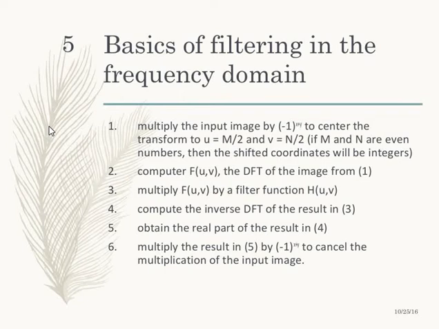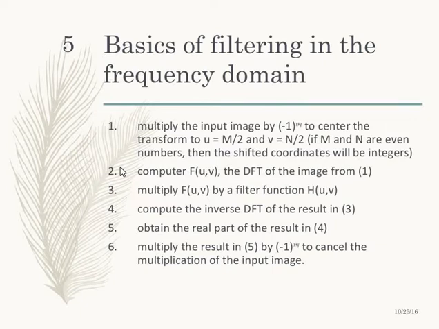The basics of filtering: we multiply the input image by (-1)^(x+y) to center the transform at u = M/2 and v = N/2, where M and N are even numbers. The shifted coordinates will be integers.